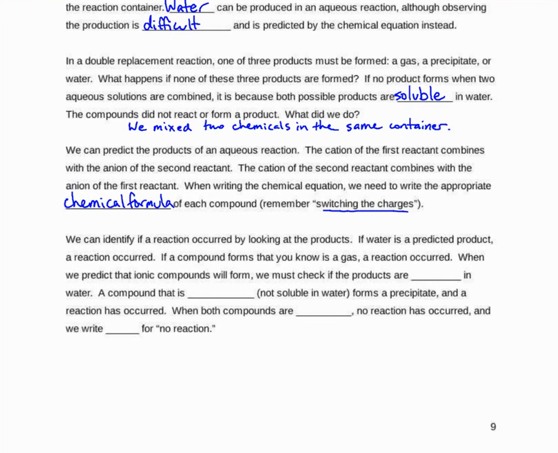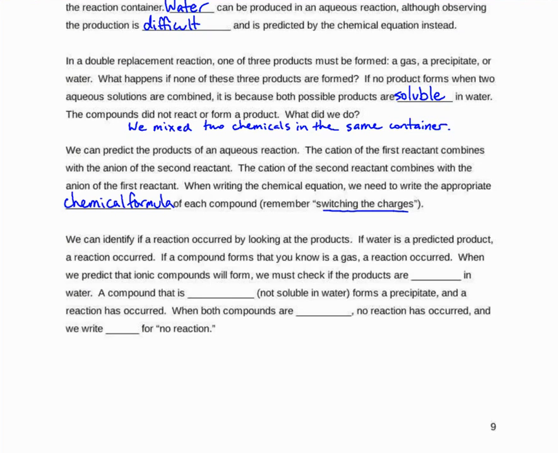So we can identify if a reaction occurred by looking at the products. If water was a predicted product, a reaction occurred. If a compound forms and you know it's a gas, like for instance hydrogen or oxygen gas, a reaction occurred.